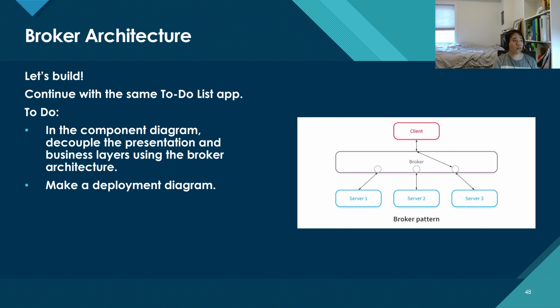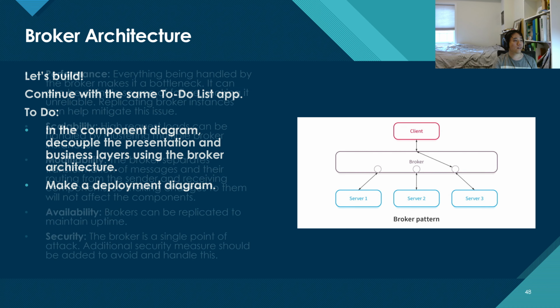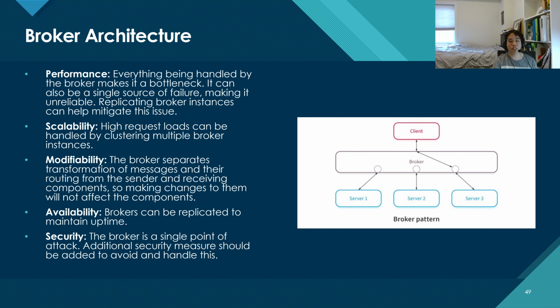So this is what I would like you all to practice with. Maybe I'll do one of the practice exercises if we have time. As I said, for the broker architecture, I'm not going to go through all of the attributes. On performance, the brokers can be a bottleneck.